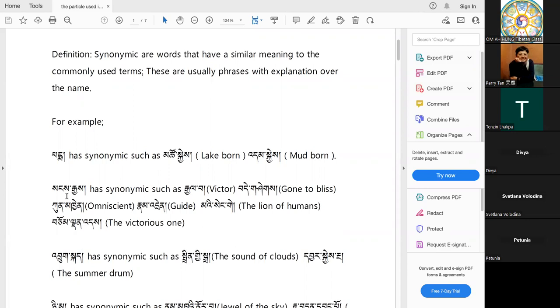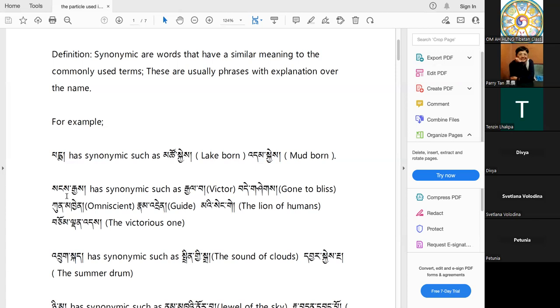Then Mi Senge is the lion of humans, sometimes lion of men, which is given to the Buddha because of his fearless nature. Like the lion is fearless in the forest, similarly fearless.